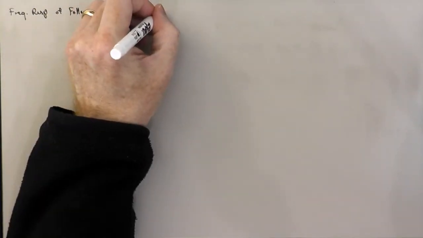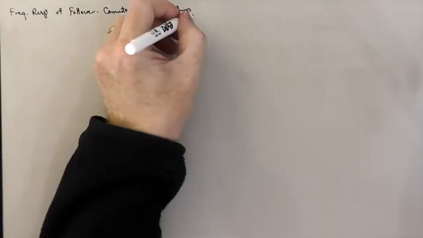So we're going to connect it up like you're connecting it up in experiment 3. And so we're going to look at the frequency response of a follower connected current mirror diff amp.